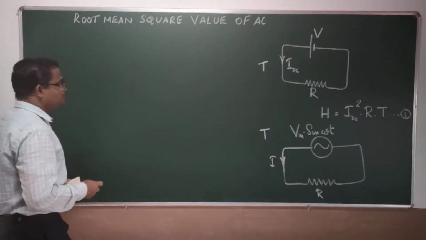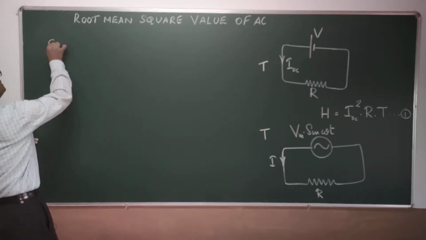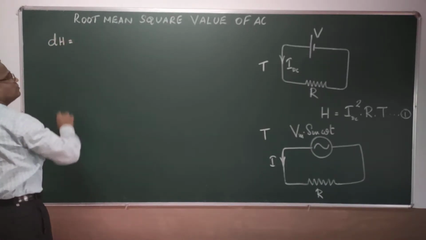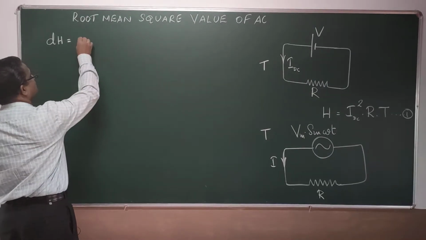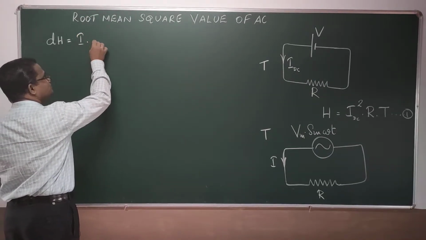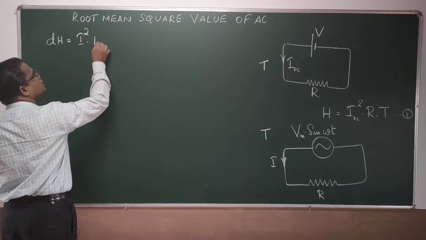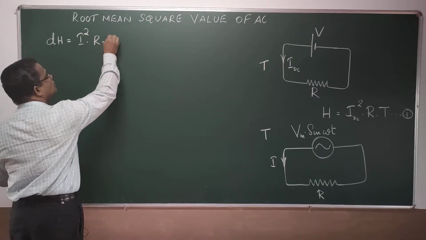So the small heat energy developed for the time duration dt will be I squared into R into dt.